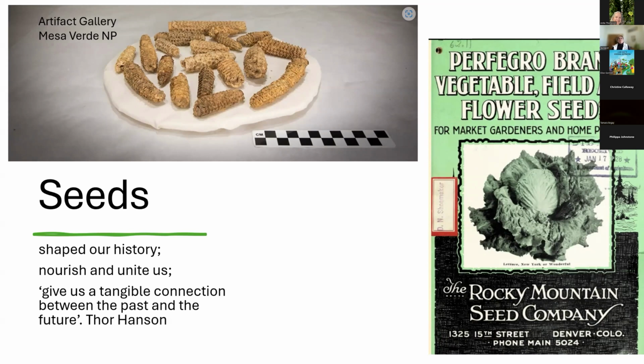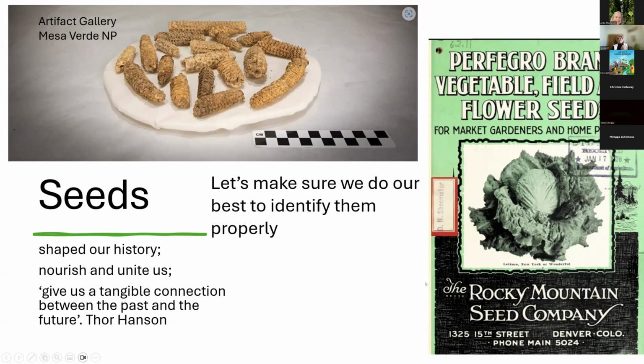And Thor Hanson, an author that I've enjoyed reading, says that seeds give us a tangible connection between the past and the future. And so it's important to honor that. I've appreciated hearing what others before me have said, and I really honor and value those thoughts.